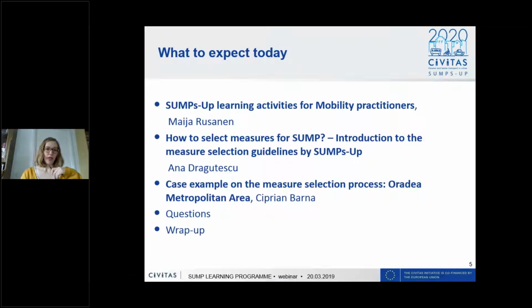So this is what we do today. We start with a presentation about the different learning activities that we organize for mobility practitioners within the SUMPs-Up project. Maja will introduce those different activities. Then Anna will give an input presentation on the measure selection process for SUMP and introduce the measure selection guidelines that have been developed in our project.